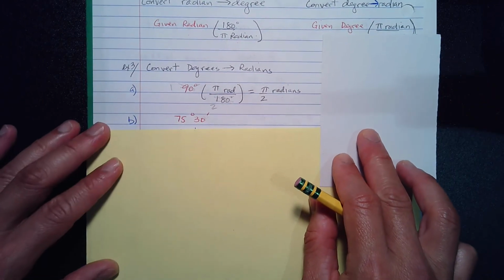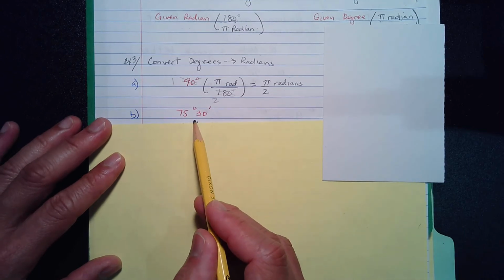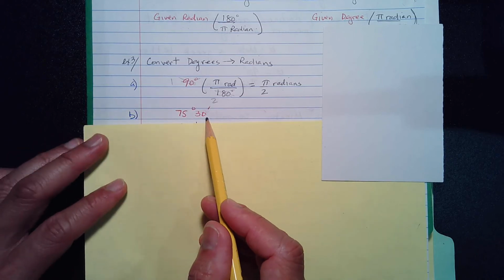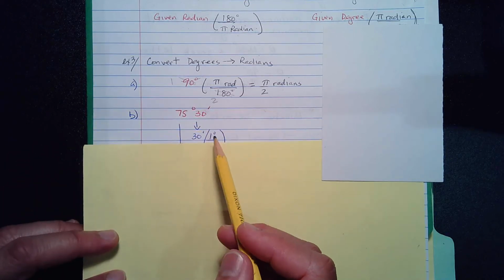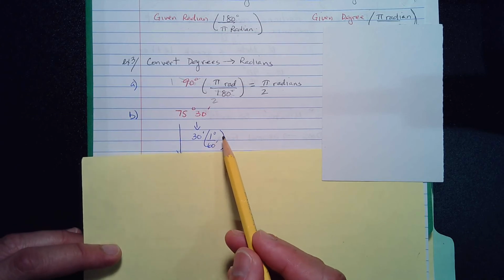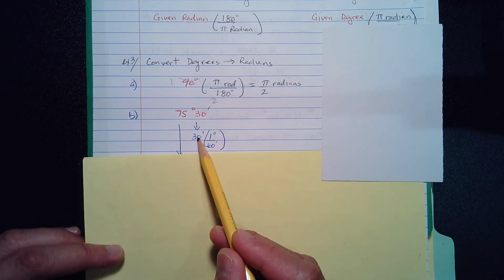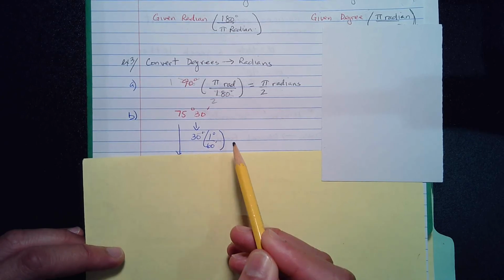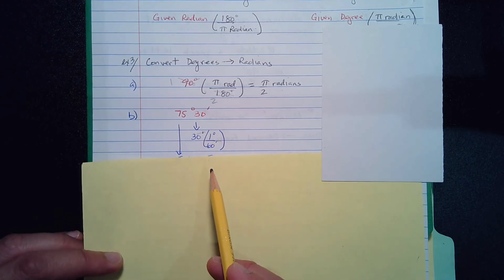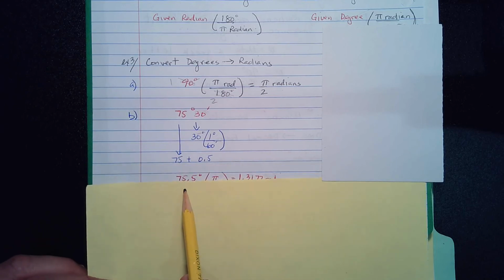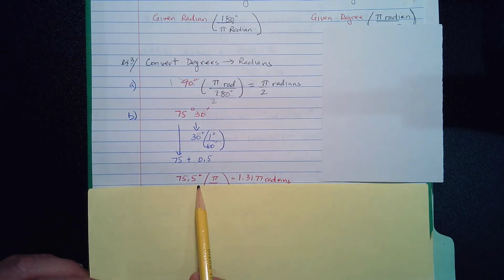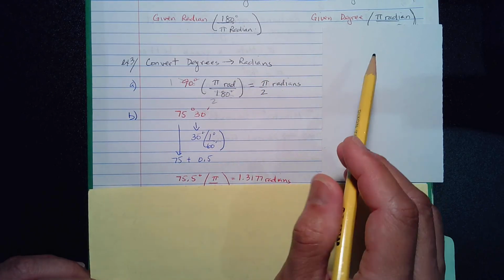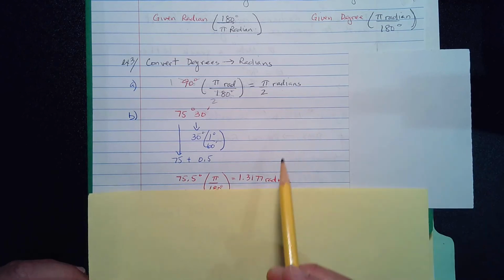Part B. Again, we have to convert degrees to radians, but here we have a minute. So we have to go back and convert minutes to degrees. So that's 75 degrees plus 30 minutes times 1 degree over 60 minutes. The minutes units will reduce. So 30 over 60 is 0.5. So 75.5 degrees, we still have to convert to radians. Again, we're going to take pi radians over 180.